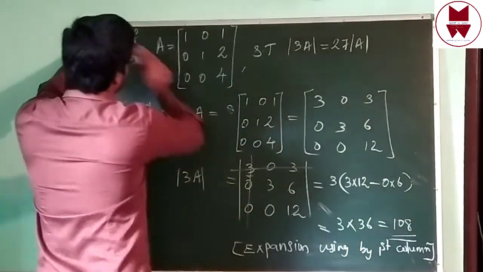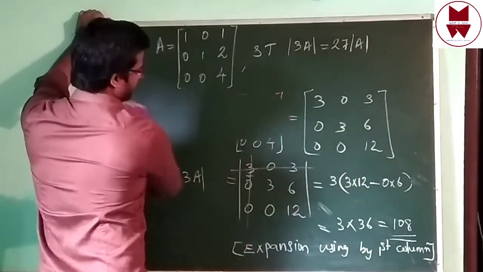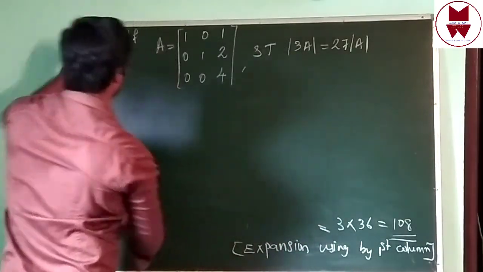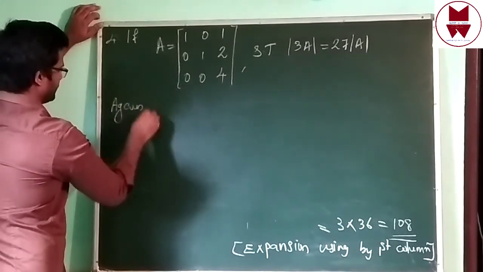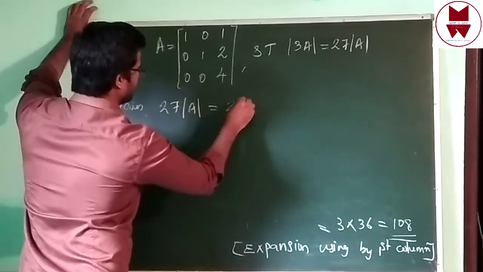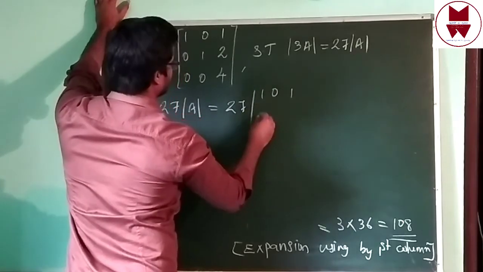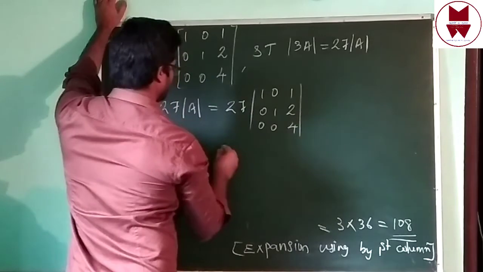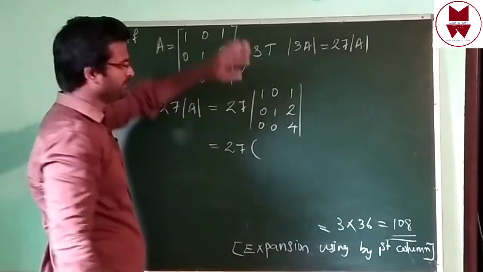Now the next step is 27 times the determinant of A. We can write 27 times the determinant of [1, 0, 1; 0, 1, 2; 0, 0, 4], equal to 27 into, using the 27, don't multiply inside.